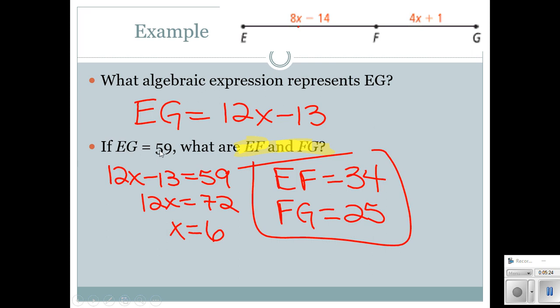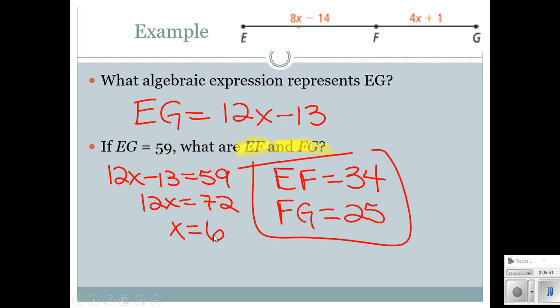If EG is 59, what are EG, EF, and FG? The measurements. Then you can say 12x minus 13, which is EG, equals 59, and solve for x using inverse operations. Add 13 on each side, which is 72, divided by 12 on each side, and you can use a calculator.